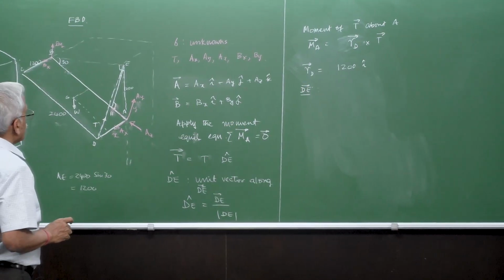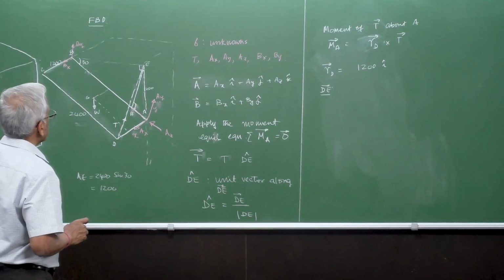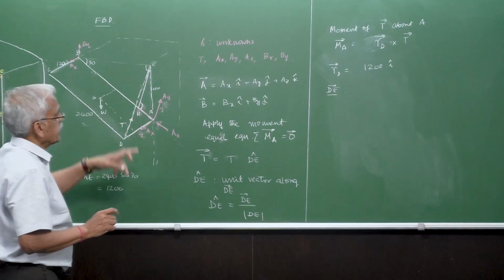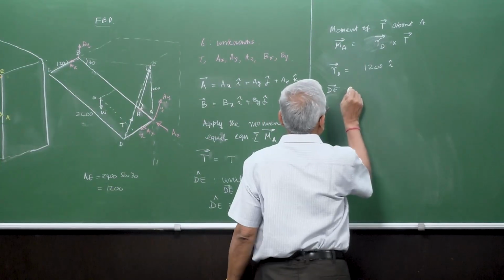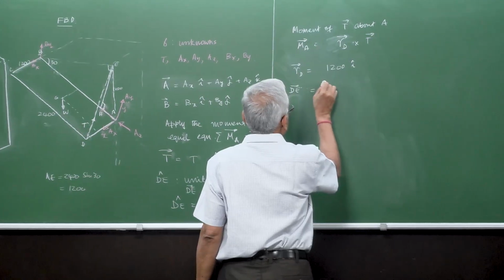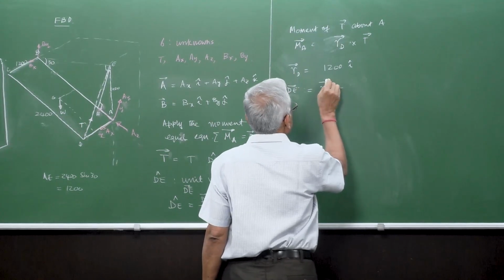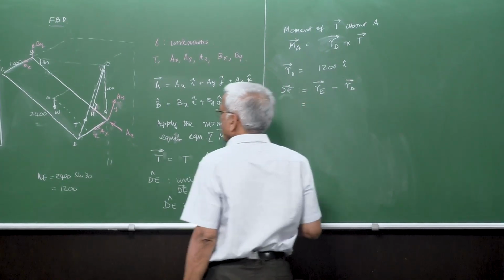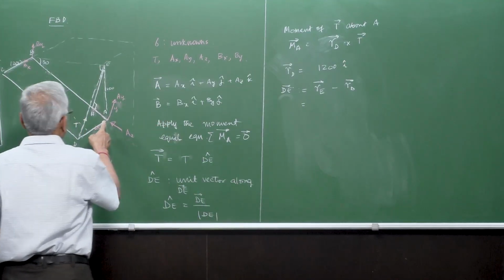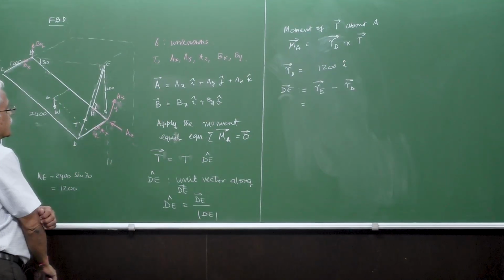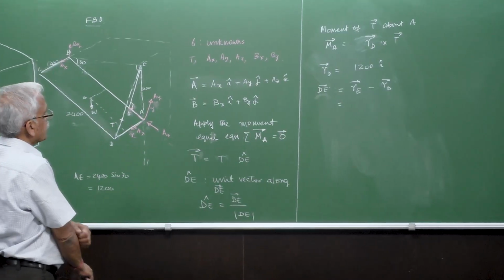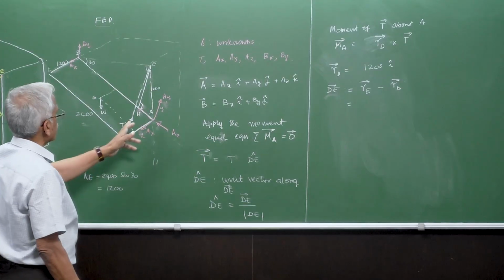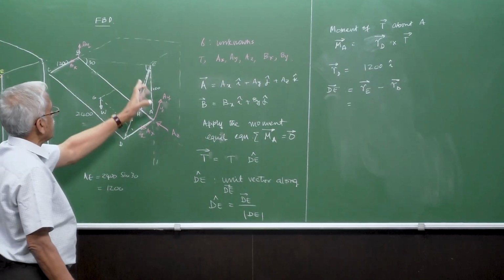For that, the DE vector is nothing but RE minus RD. RE is in the plane of YZ, so there is no X component, since point E is in the vertical plane.